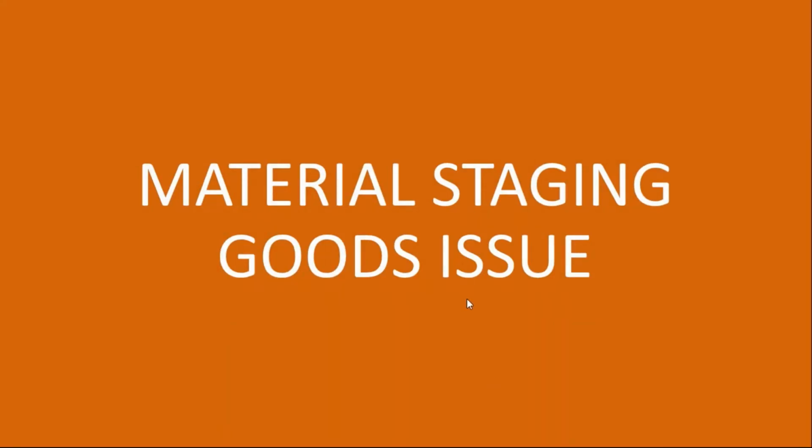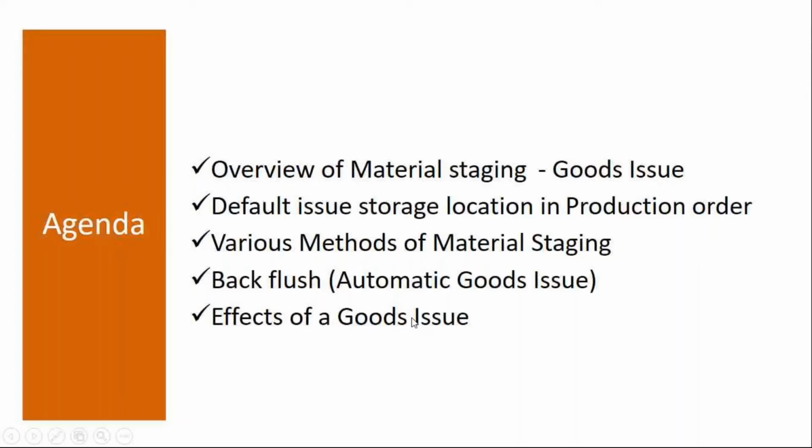So we will be starting our next topic, that is material staging, goods issue. The topics that we are going to cover in goods issue: we will see what is material staging, an overview of material staging, goods issue. Then the default issue storage location in the production order. We will cover how the issue storage location is determined in the production order.